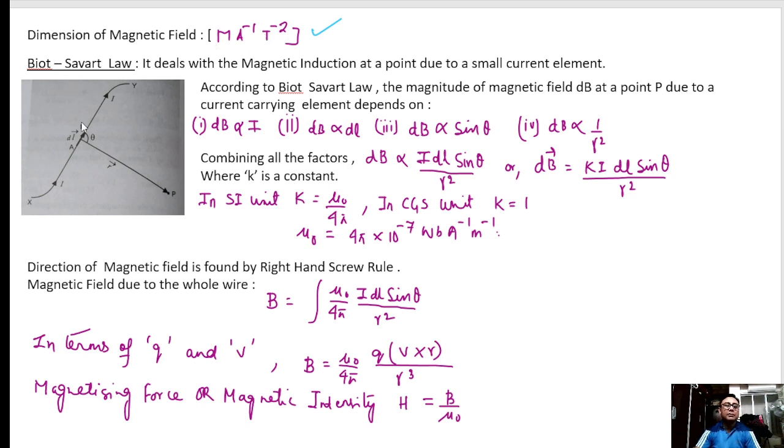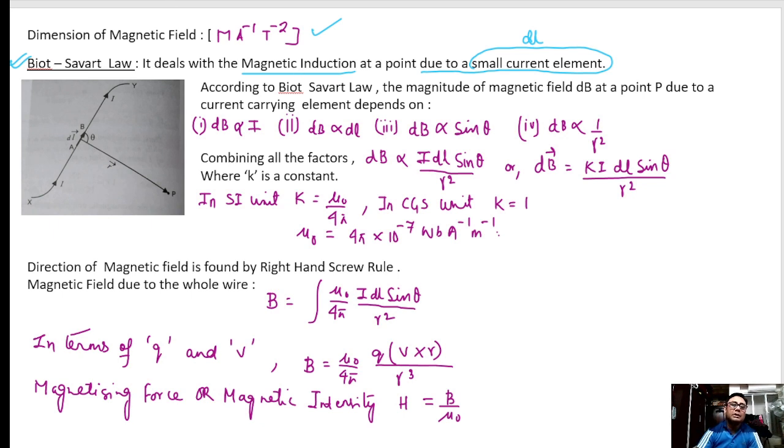Next, we are dealing with a very important thing, that is Biot Savart law. Very, very important topic. So what does Biot Savart law deal with? It deals with magnetic induction at a point due to a small current element. Remember it, we will be taking a small element, small length, and due to that small length, what is the magnetic induction?